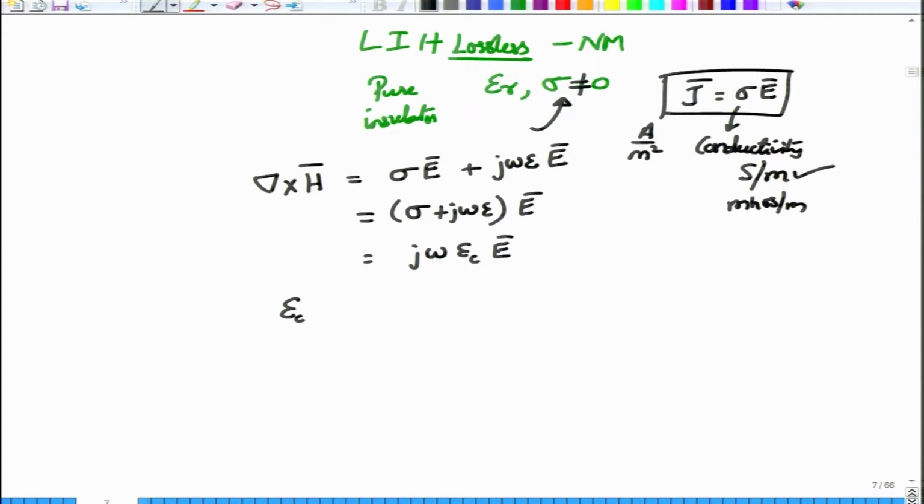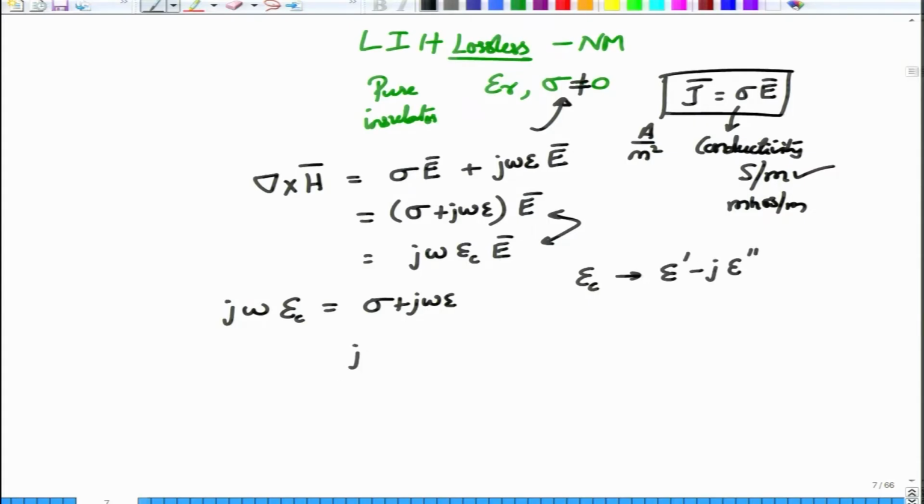So, we know that j omega epsilon c should be equal to sigma plus j omega epsilon if these two equations have to remain the same, and then I know that epsilon c is a complex permittivity that I have introduced, which I can write as epsilon prime minus j epsilon double prime.